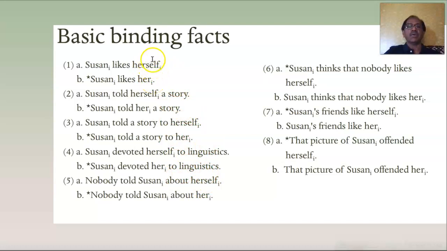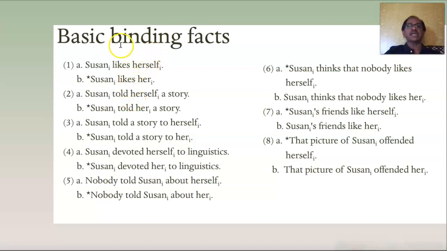In all these sentences, what we also see is that both the word herself and the antecedent are arguments of the verb. See, Susan likes herself. Like is a verb, its specifier is Susan and its complement is herself. So these two are arguments of the same verb.